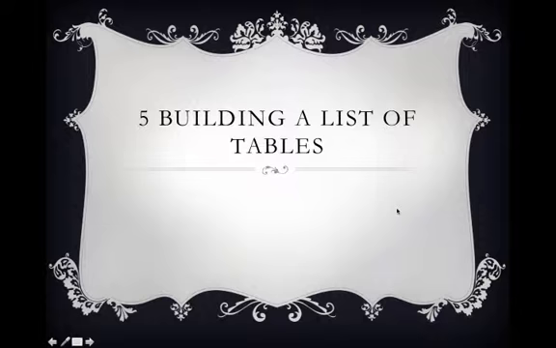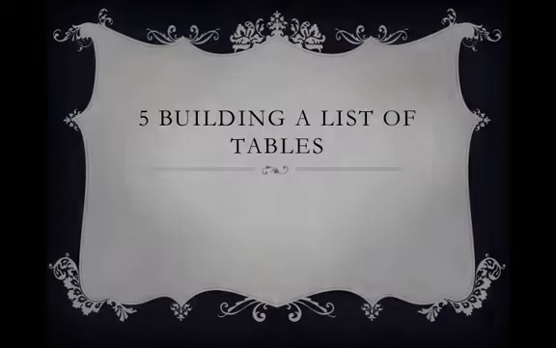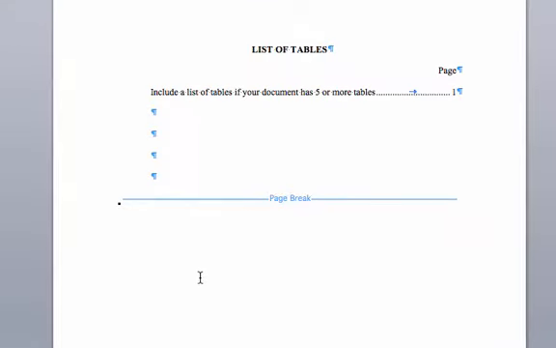Step 5. Building a list of tables. Finally, we will modify the list of tables. In our template, there is already a list of tables sample, and we should delete it.